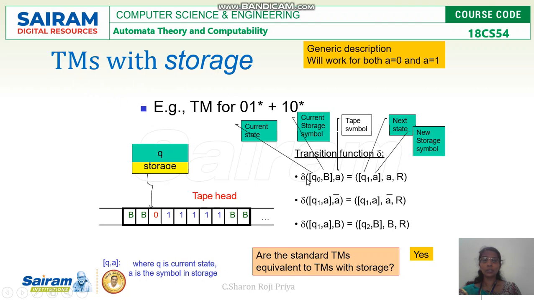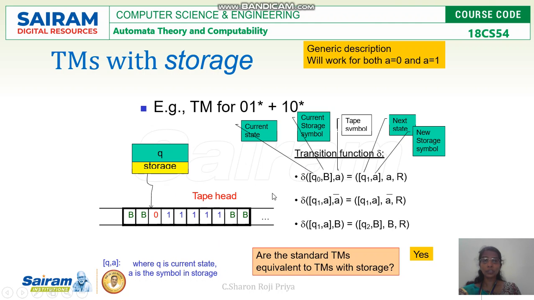Then how to write the transition for a Turing machine with storage? In writing the transition, I have to write the state and the symbol to remember together. I have to write the state and the storage symbol together. That's what I have written here. See, the initial state is Q0, and initially the storage will be blank. The Turing machine is reading the first input symbol.